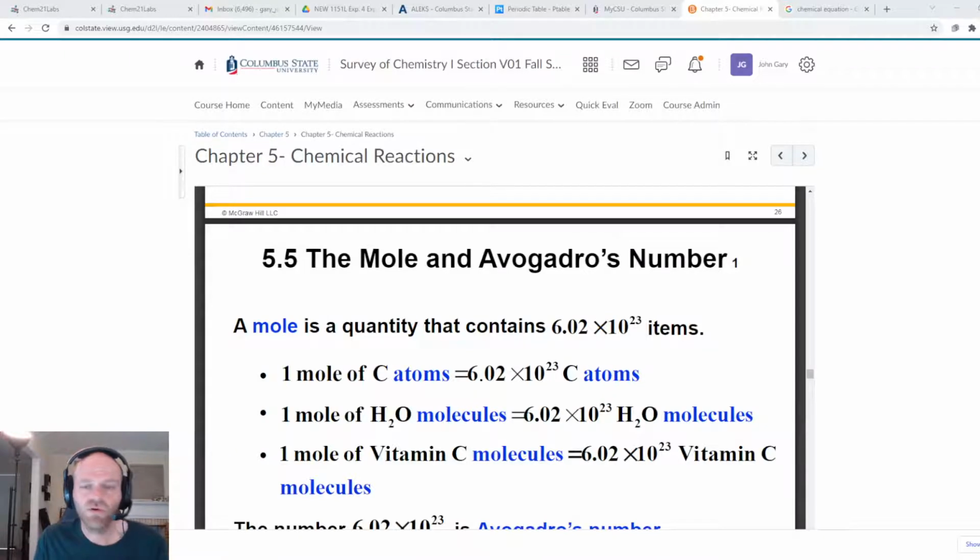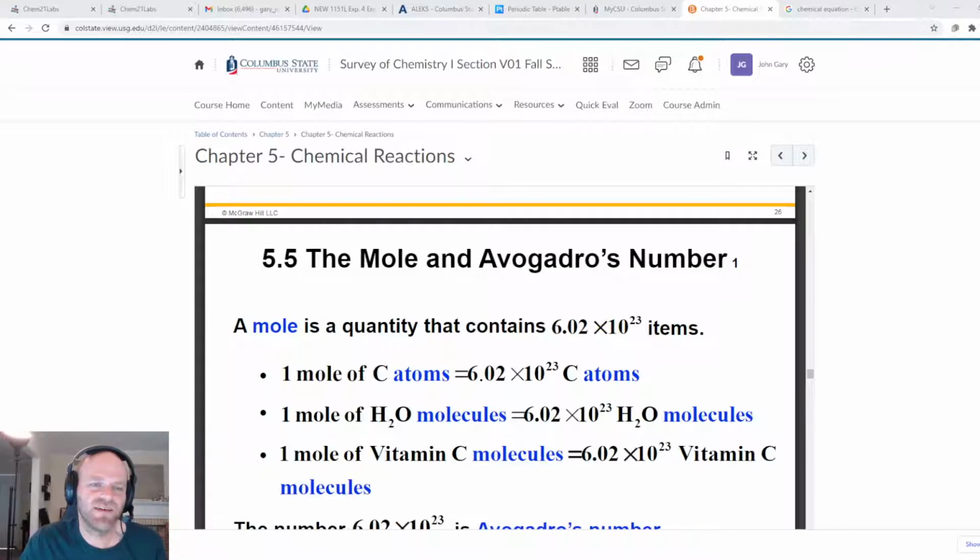Okay, so the mole you ought to think about like a dozen. Let me pull up my paint thing, clear this. It's like saying a dozen, only it represents a much greater number than a dozen. So let me just say a dozen. 1 dozen equals 12, right?